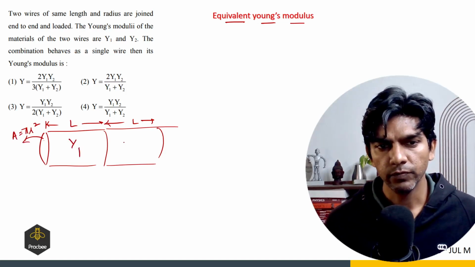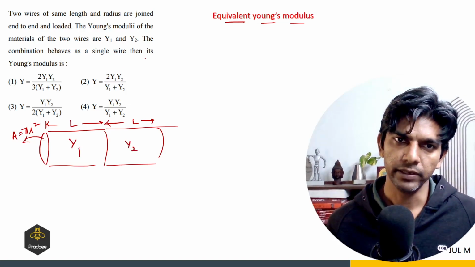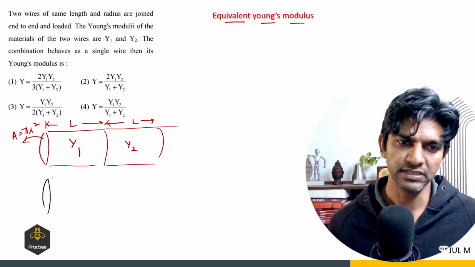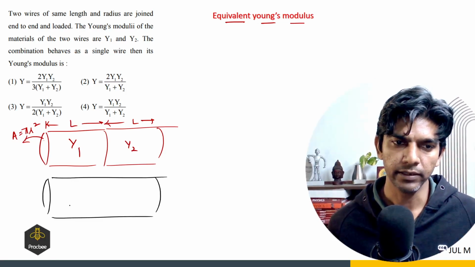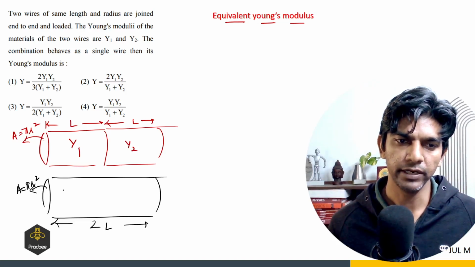Young's modulus is given as y1 and y2, and the combination behaves as a single wire, then its Young's modulus will be. So if we consider this made of the same material, in that case the length will become 2L, area of cross section will be same, pi r square, right?